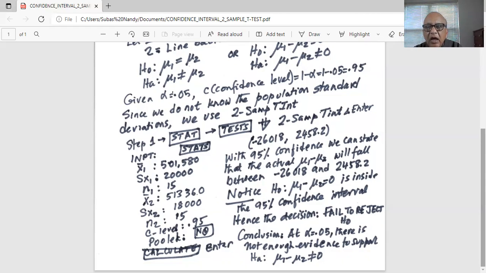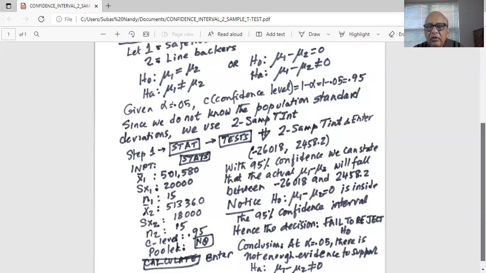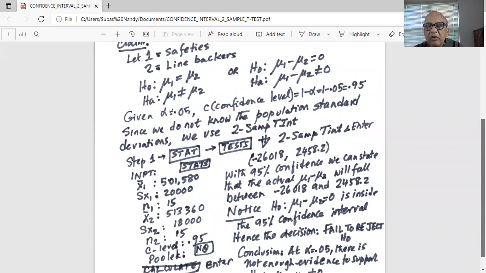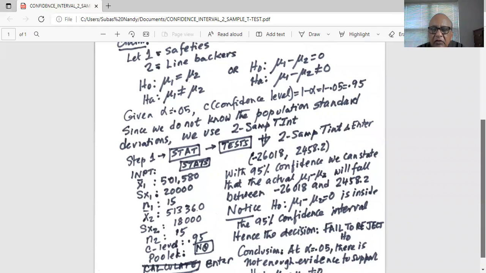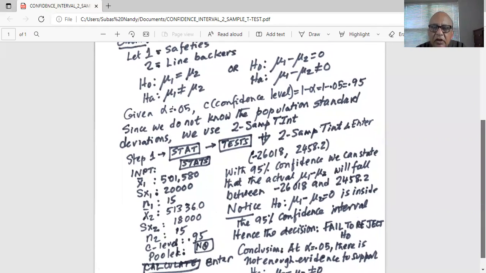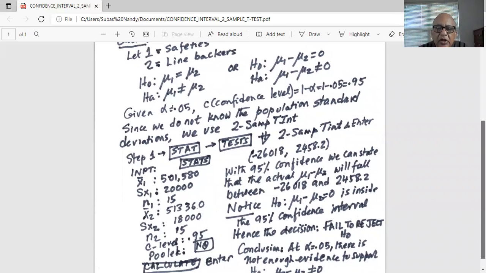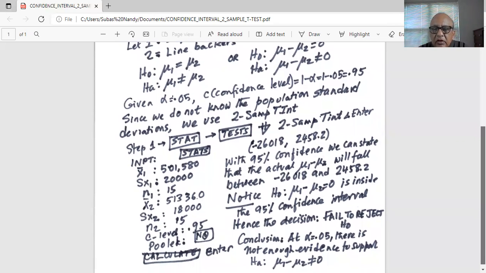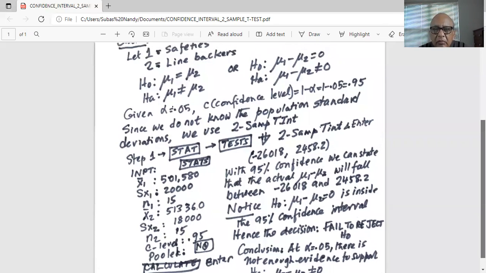Remember, when I subtracted mu2 from both sides, the null hypothesis became mu1 minus mu2 equal to 0. Since 0 is inside the 95% confidence interval for the difference in two population means, we cannot reject the null hypothesis. So the decision is fail to reject the null hypothesis.